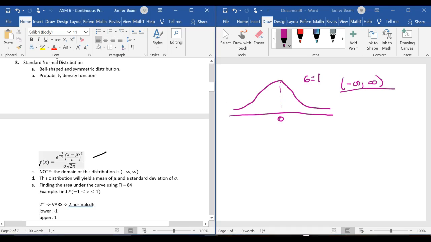This is the probability density function. It's ugly. It has pi's in it and e's in it, but you'll notice that there's one variable, x, and two parameters, because there's a constant e and a constant pi here, but there's two parameters. One parameter is the mean, and the other parameter is the standard deviation.